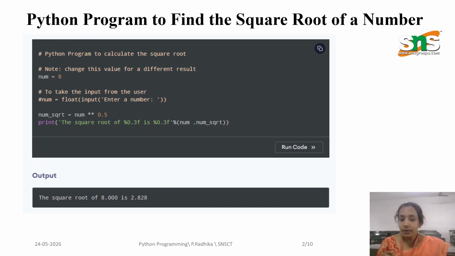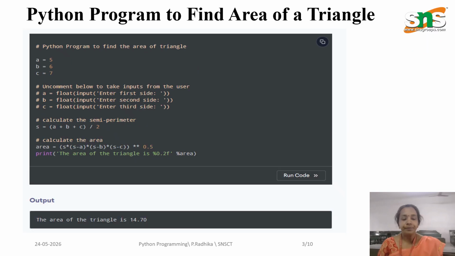Percentage 0.3 f means the output also I want to display with three decimal places. This is a text which I want to see. So from where do I get the output? Where is the calculation? Percentage num comma num underscore square root. From this you call and display the value in this format. So that is the logic.